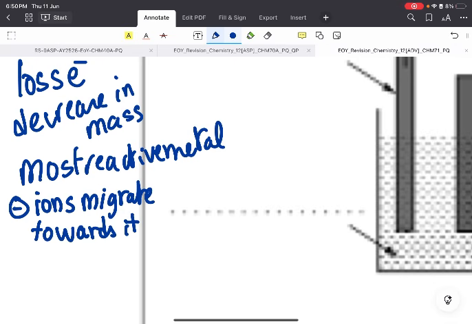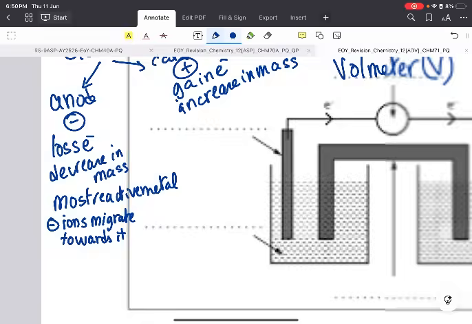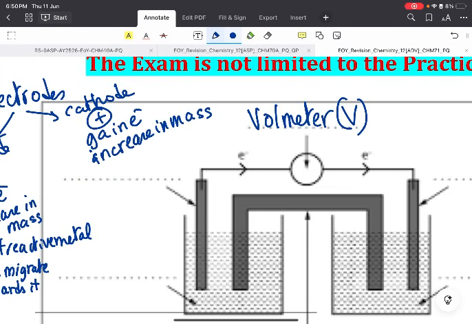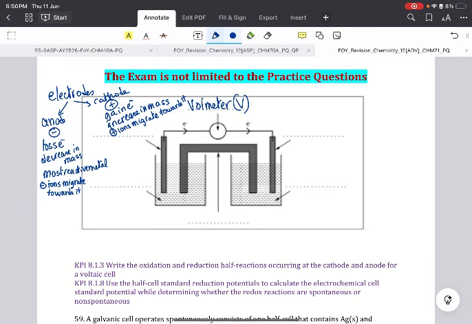And the positive ion of the salt bridge is going to migrate towards the cathode. So I'm going to write it here. Positive ions migrate towards it. So yeah, here we go.